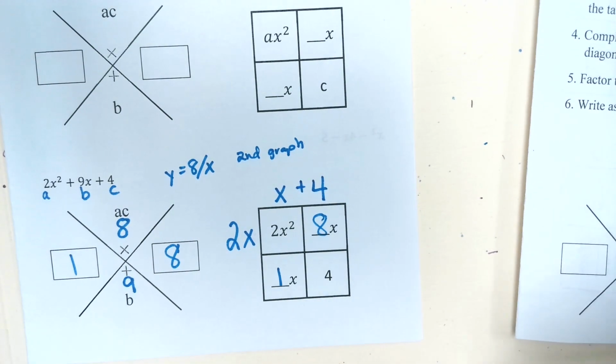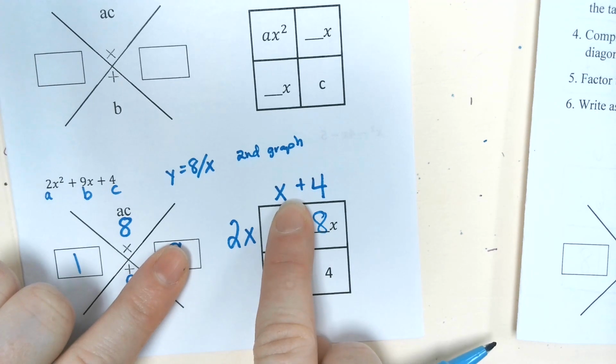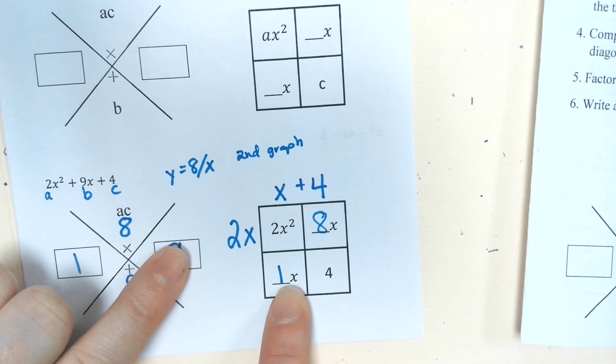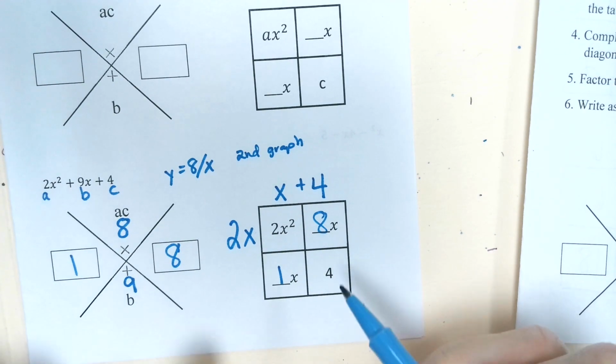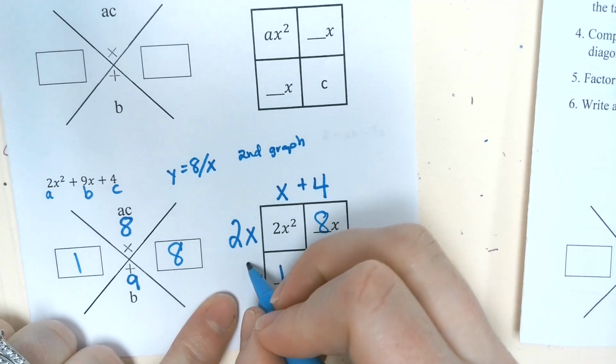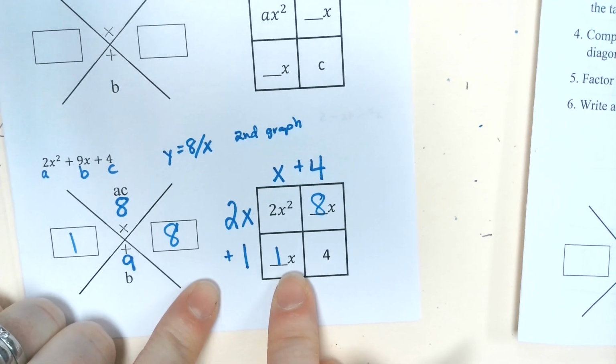I don't have any negatives. Then I look here. I'm going to multiply x by something to get 1x. So it has to be plus 1. 1 times x gives me 1x.